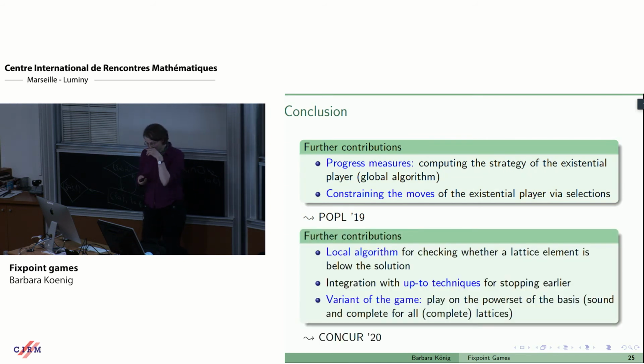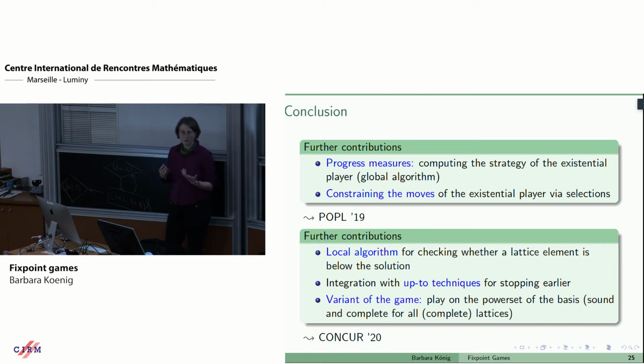And then we wrote another paper where we described a local algorithm for checking whether a lattice element is below the solution. So an on-the-fly algorithm that just unfolds the parts of the game arena that are actually necessary. We integrated this with up-to techniques and Galois connections for abstracting and concretizing the lattice.